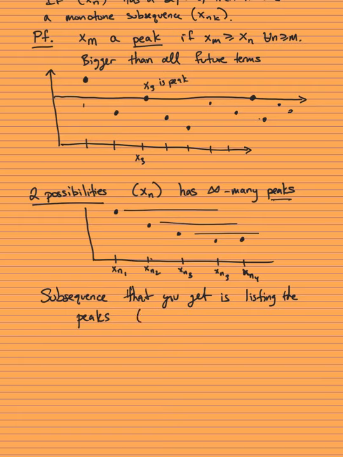And so what you get is like x sub n1, x sub m2. Oh, for some reason I switched to m's. Sorry. Where this is a peak, so therefore x sub n1 in particular is bigger than x sub m2, since it's bigger than every single term, bigger than x sub m3, and so on. So what you get is a monotone decreasing sequence.